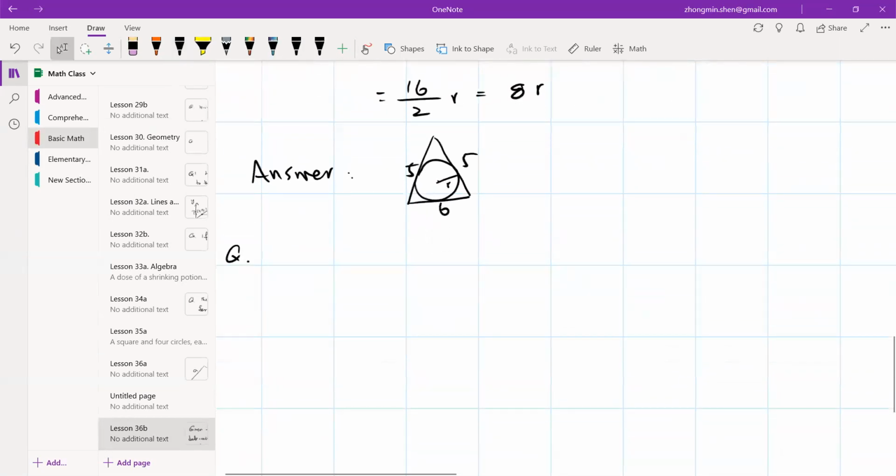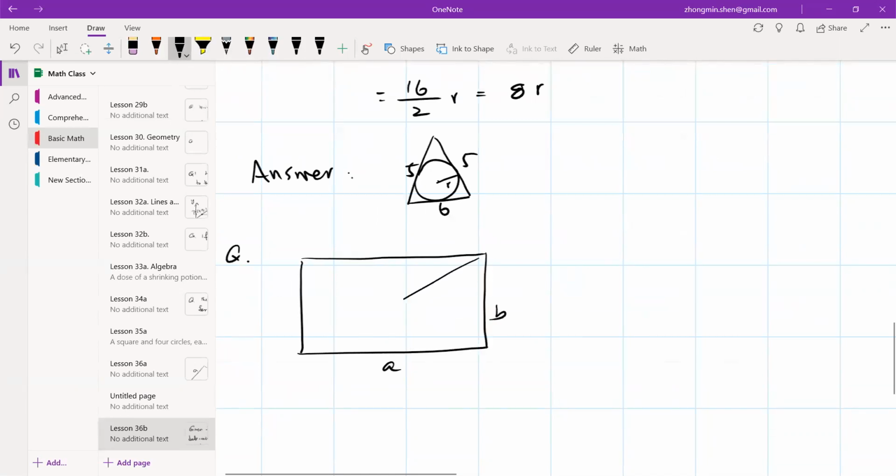Now remember, when we're given a rectangle, here's A and B, and this is D. We know by the Pythagorean theorem, D squared equals A squared plus B squared, right? And the area is going to be A times B. This is the area.